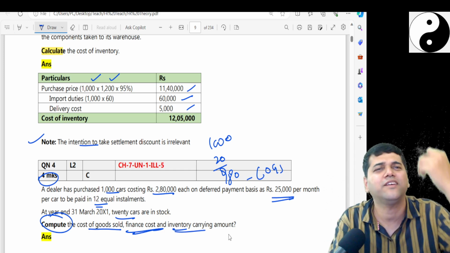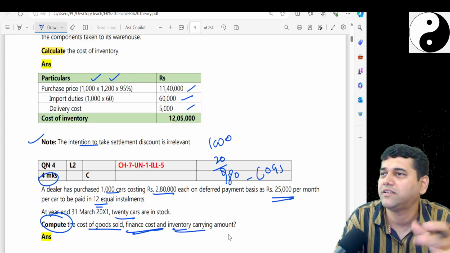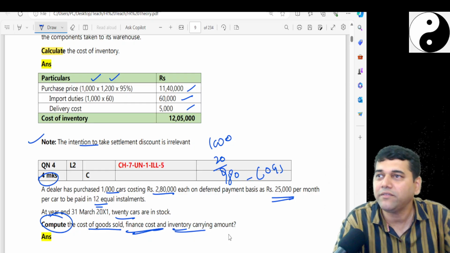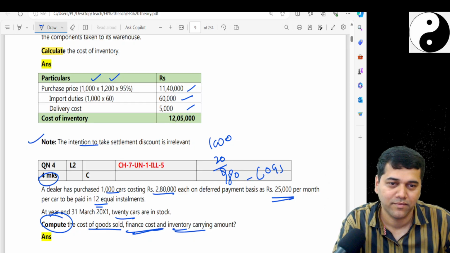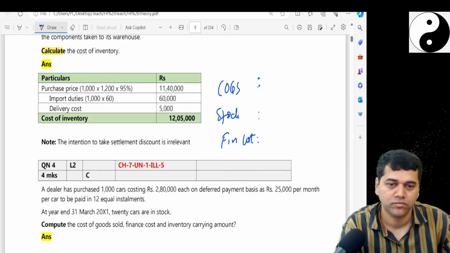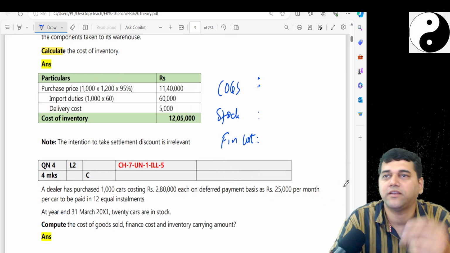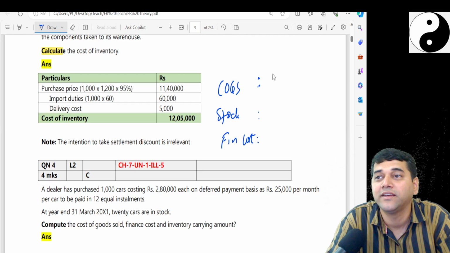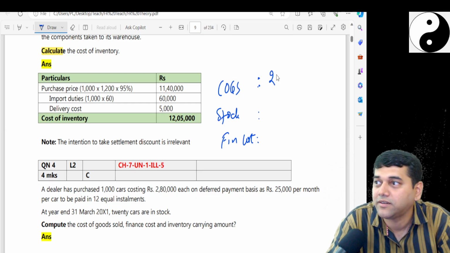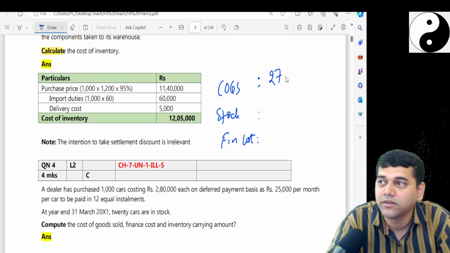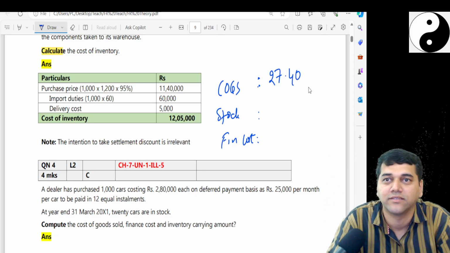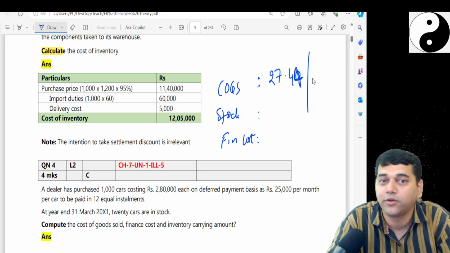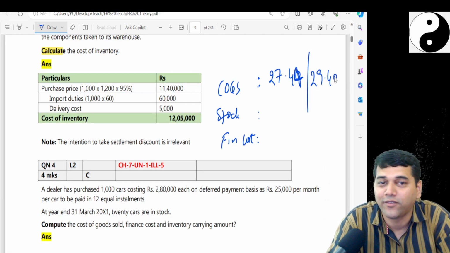Yes, please do it the way you have understood it. Please pause the video, students, and do the working. Then we will compare the answer. Yes, sure. So please tell me what is my COGS. 27 crore 40 lakhs, 27 crore 44 lakhs, 27 crore 20 lakhs, 40 lakhs.